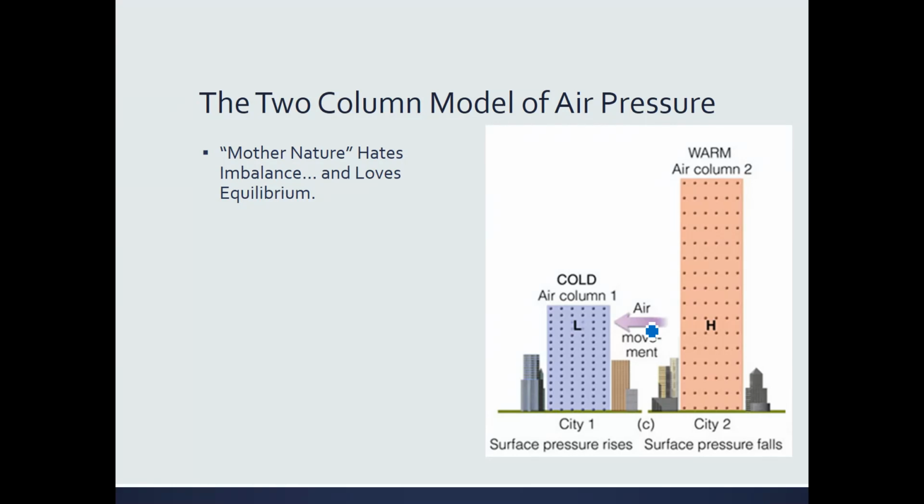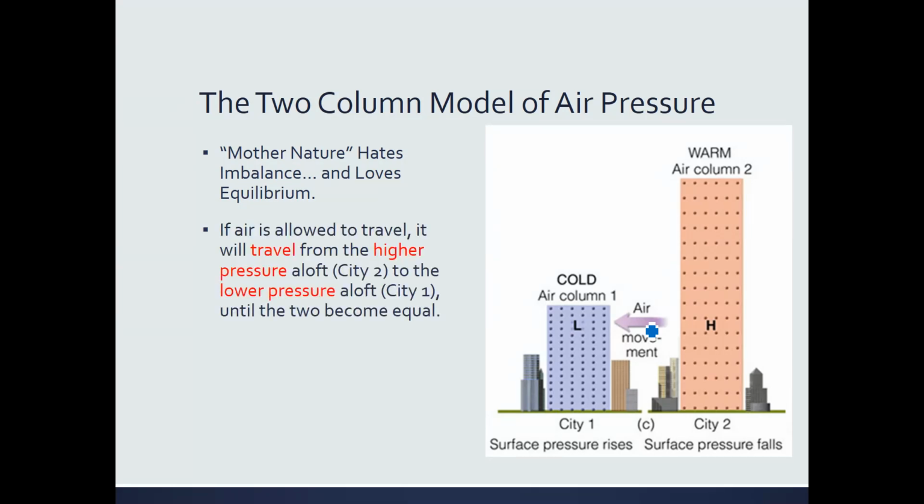And this is again because Mother Nature hates imbalance. It'll continue to do so until the two become equal. So air will go from the high pressure here to the low pressure over here, and it'll continue until the two are the same at that height again.